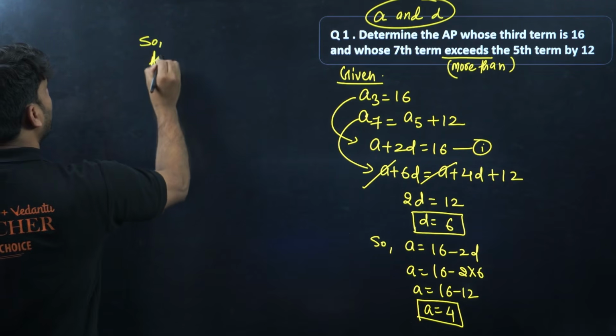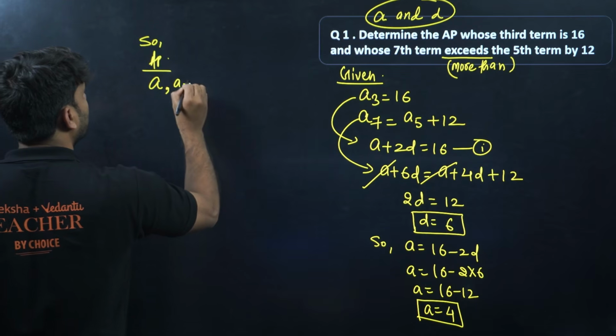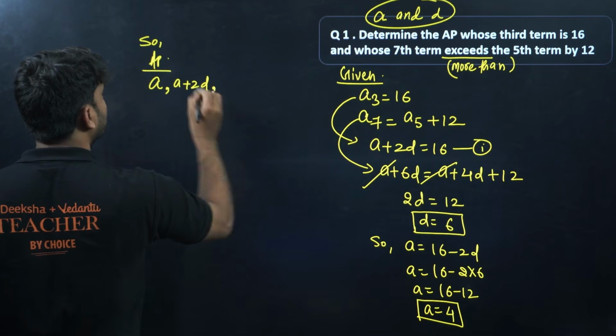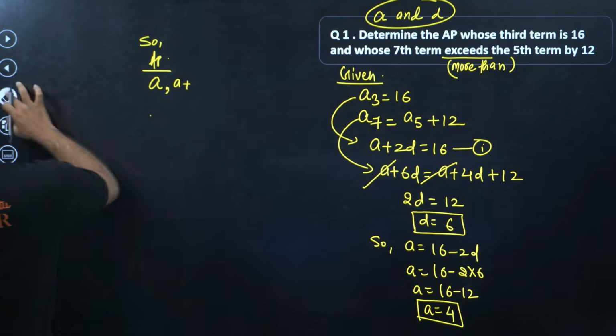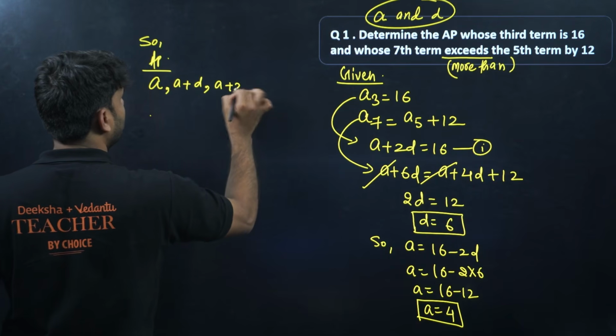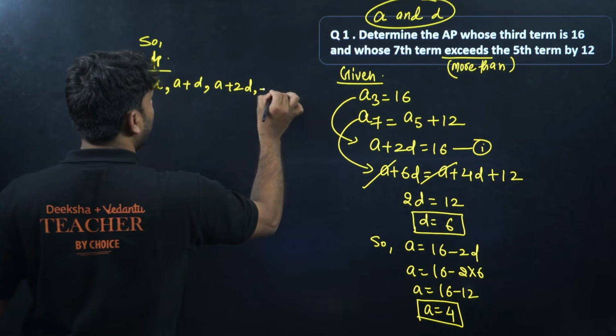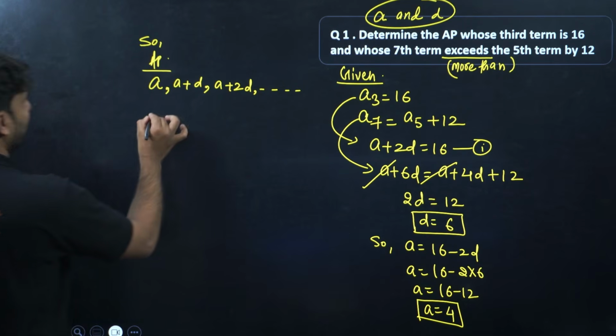You know, what is the general format of an AP? A first term, A plus D second term, and similarly A plus 2D third term, and so on. Right? So what will be A here?